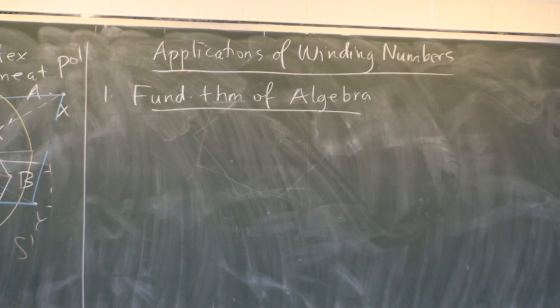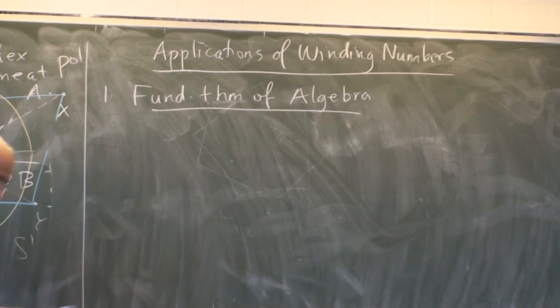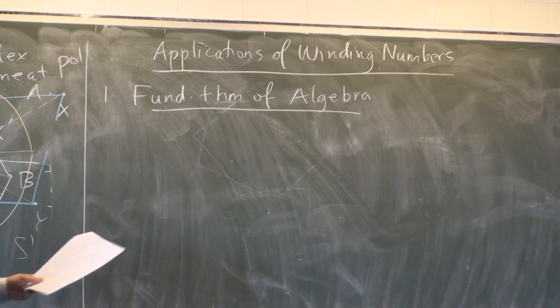And of course, it's a very famous theorem that goes back to Gauss. Euler thought about aspects of it. It's a theorem that pops up every few years. Someone comes up with a new proof of it. So what is the fundamental theorem of algebra?